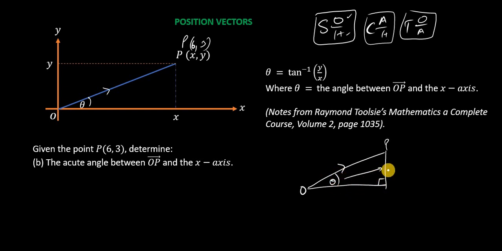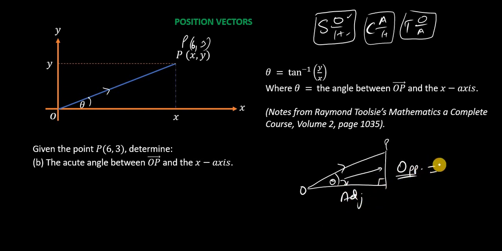The side that faces it we call the opposite, meaning opposite the acute angle. The side that is next to the acute angle in the right angle triangle, we call the adjacent side.